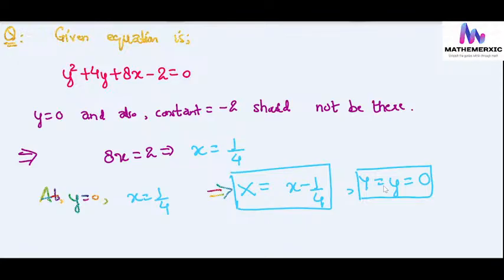If you're putting 1 by 4 there, and y is this x minus 1 by 4 and y is equal to 0, x minus 1 by 4. So let us see if you are substituting this.